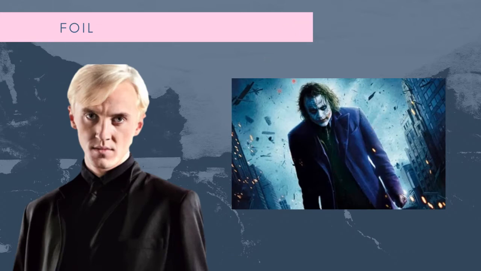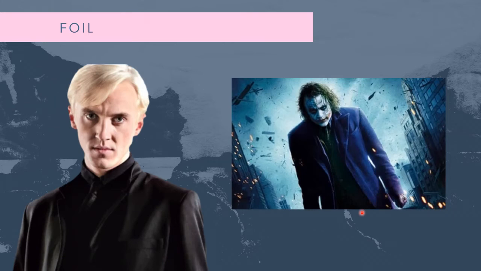Now, we also have here Joker as Batman's foil. Batman is dark and brooding, yet heroic. Of course, Batman is the hero. And then there's Joker, who's colorful, mirthful, yet he is a killer. They are foils for one another, but they have nothing in common.